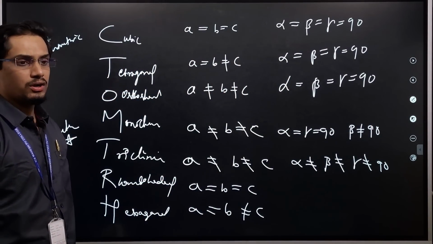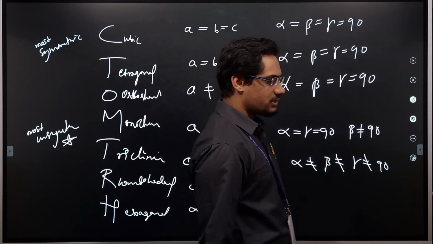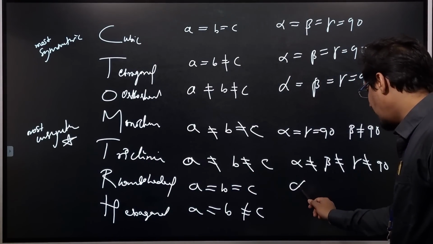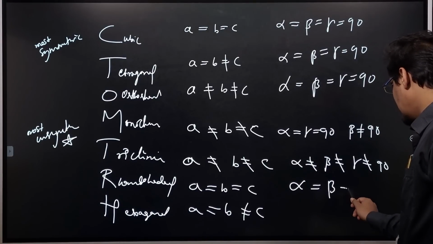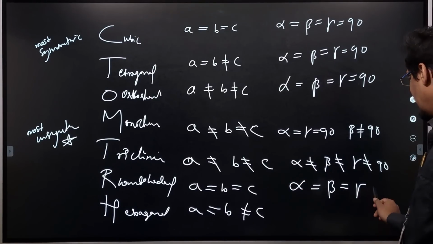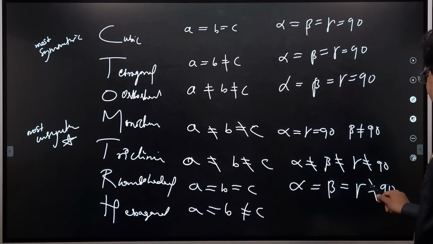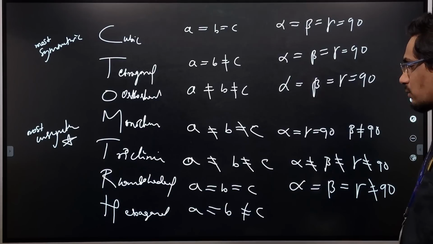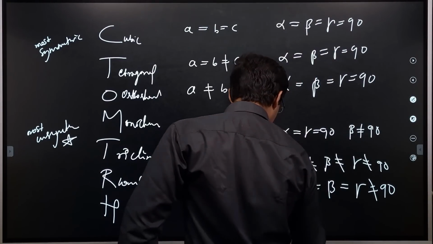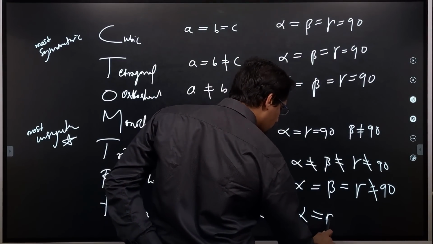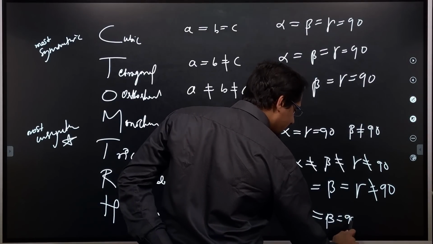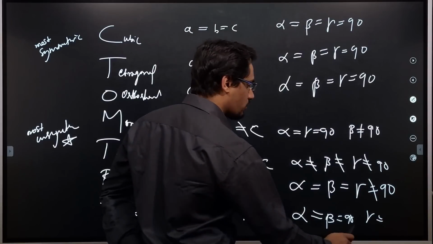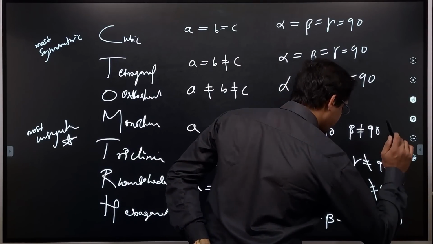Rhombohedral is similar: alpha equal to beta equal to gamma, but they are not equal to 90. And for hexagonal, alpha equal to beta equal to 90 degrees, but gamma must be 120.